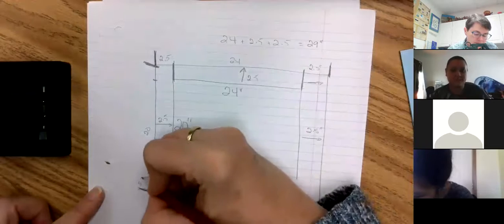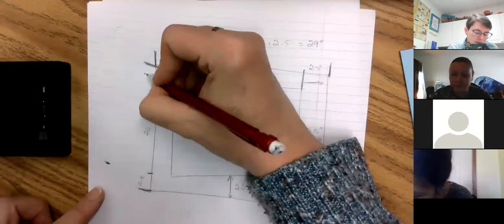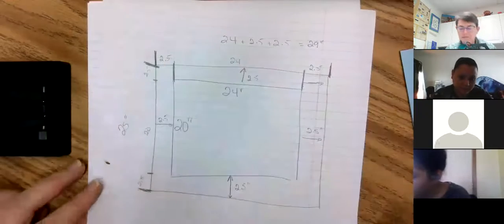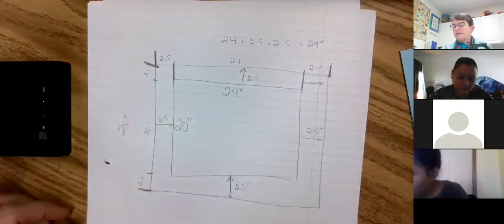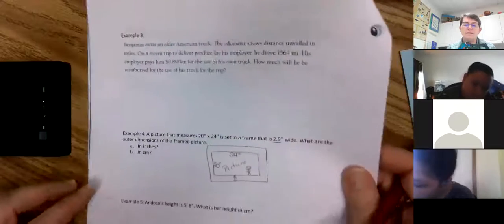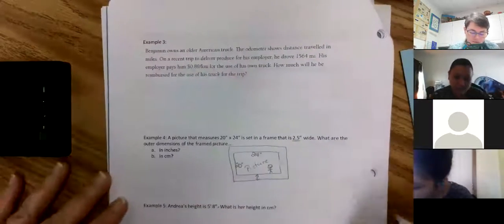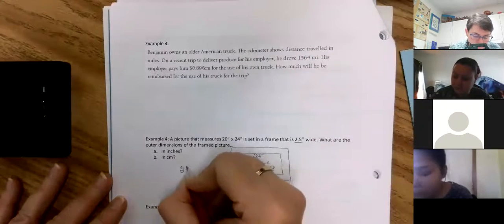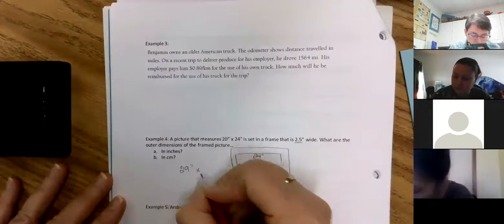It's going to be 2.5 and 2.5. That should be 25 altogether. So our answer, now I'm going to go back to my little picture, is going to be, what do we figure out? 29 inches by 25 inches.